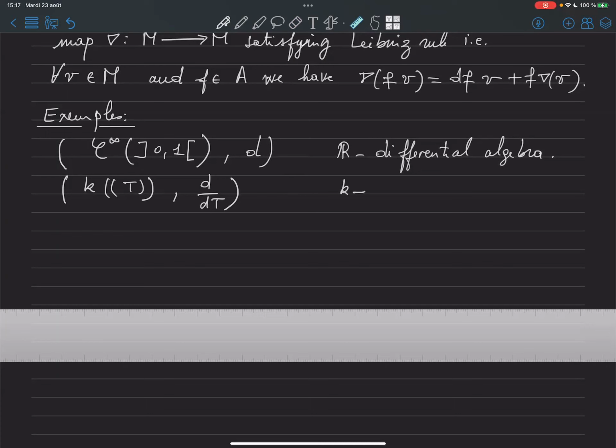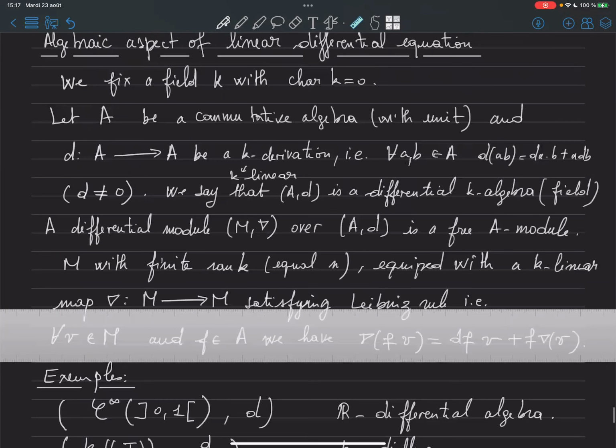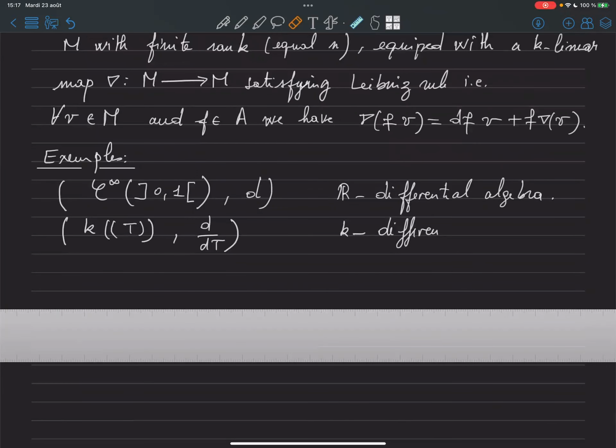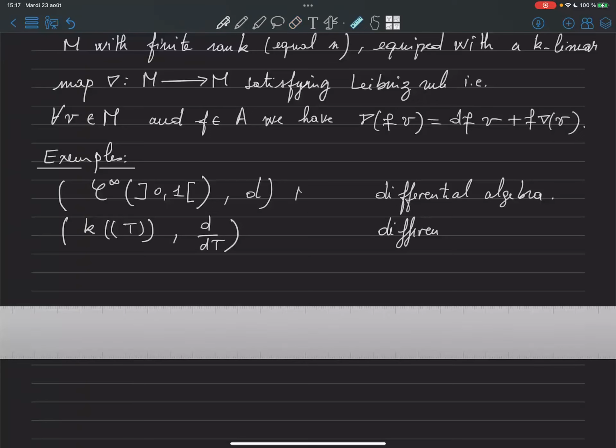It's a k differential algebra. Here k is equal to R, and here for any k of characteristic different from p.